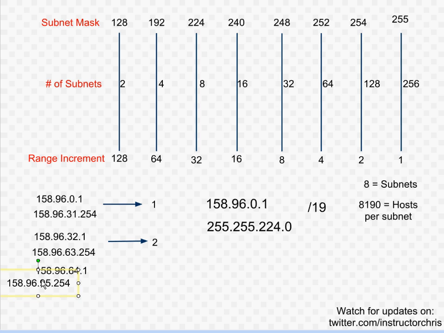And that is going to be subnet number 3. And yet again, I could have done this a total of 8 times, but I'm just working out the first 3 here. And you can kind of see the pattern from that.